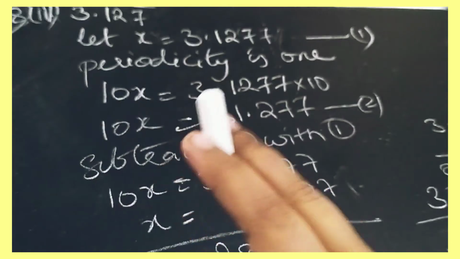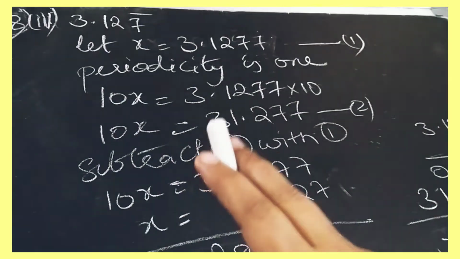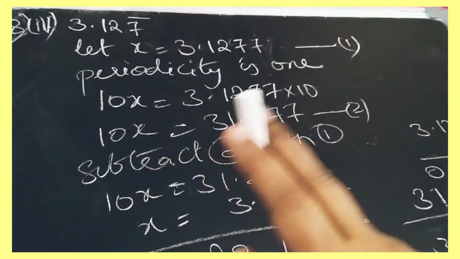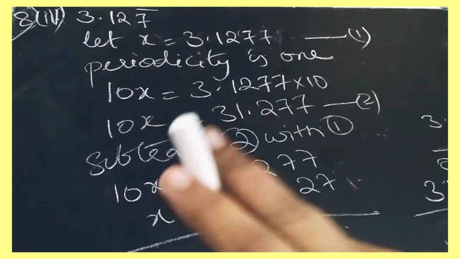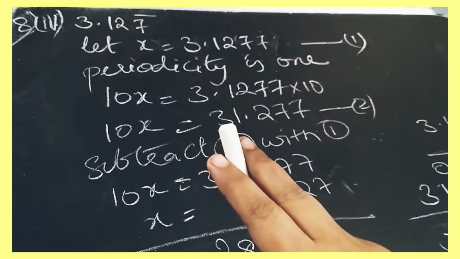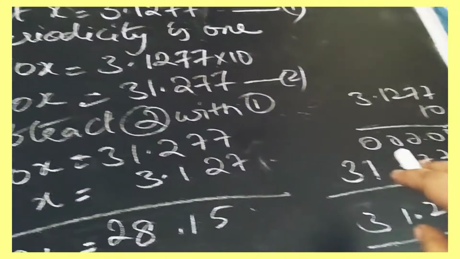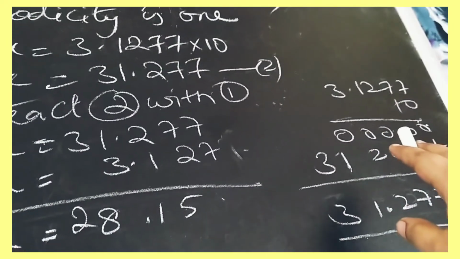So for 10x what you have to do, again you have to multiply. If periodicity is 1, you have to multiply this first equation with 10. Now 10x is equal to 3.1277 into 10. Now we are doing the multiplication, 3.1277 into 10.